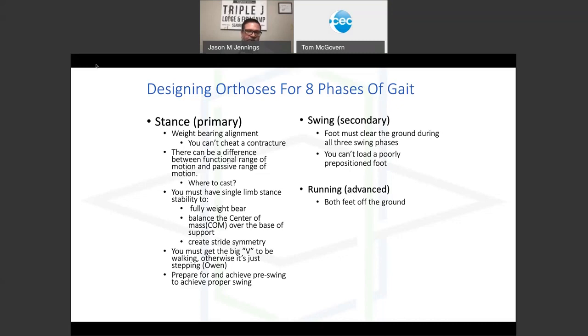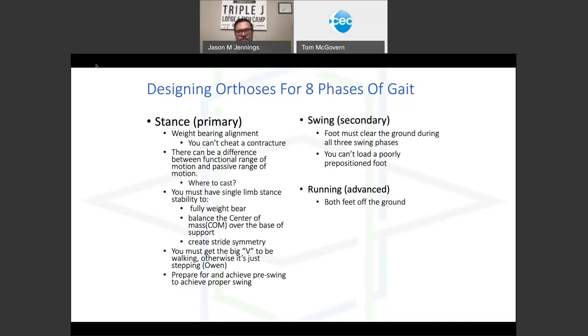And then as the patient is walking over the orthotic side, or it might even be bilateral, can you create the big V or symmetry, so that when they're in terminal stance on one side, they're in terminal swing on the other? And will your orthotic design allow them to achieve a good pre-swing, which allows them to advance through the swing phase at the appropriate position and time?